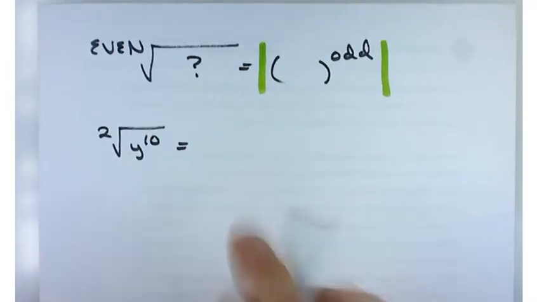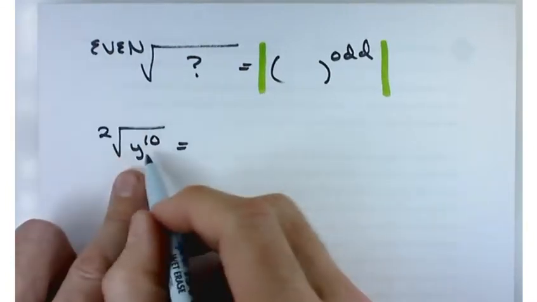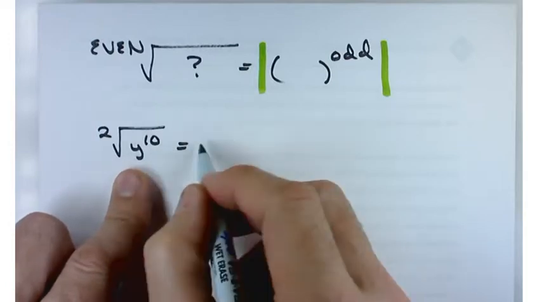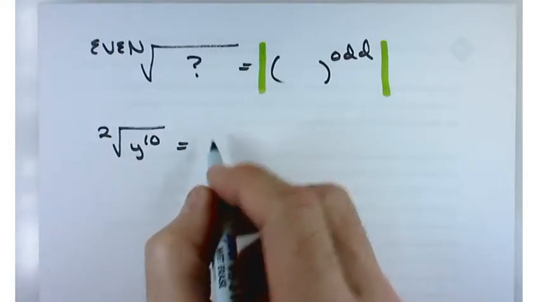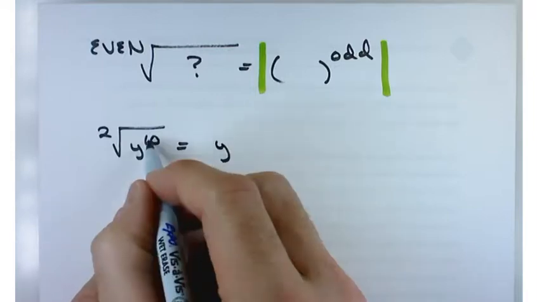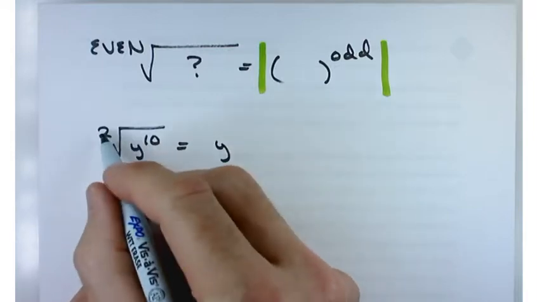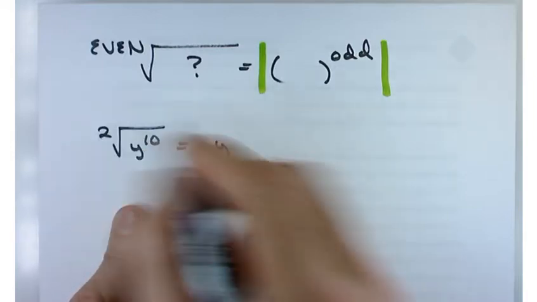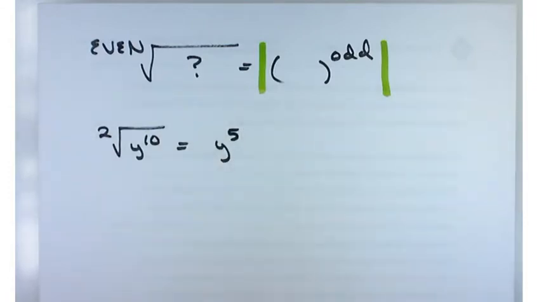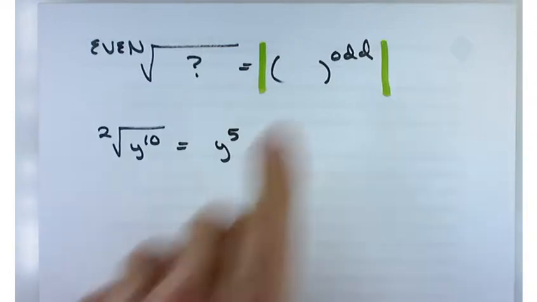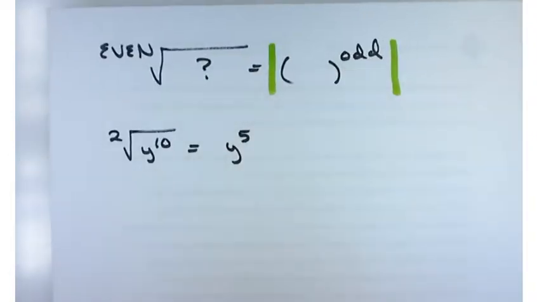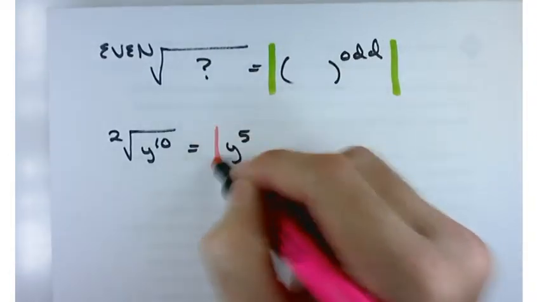That's an even root, and y to the 10th. There's a little bit of a trick here. You can take this exponent and divide it by the index. 10 divided by 2 gives you 5. Looks pretty good, except because 5 is odd, you would need the absolute value.